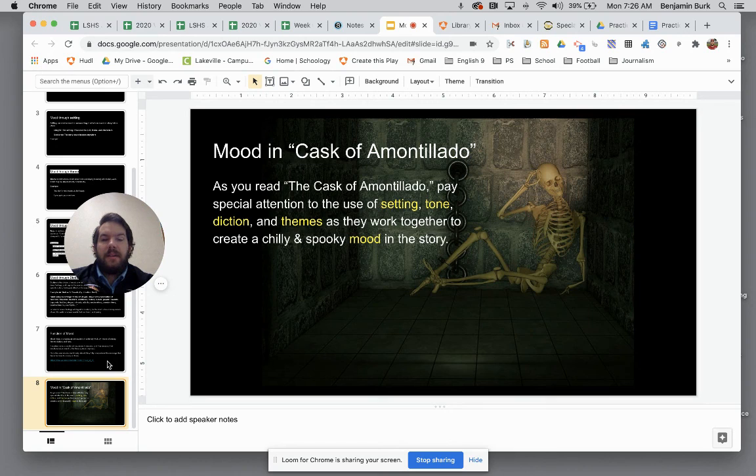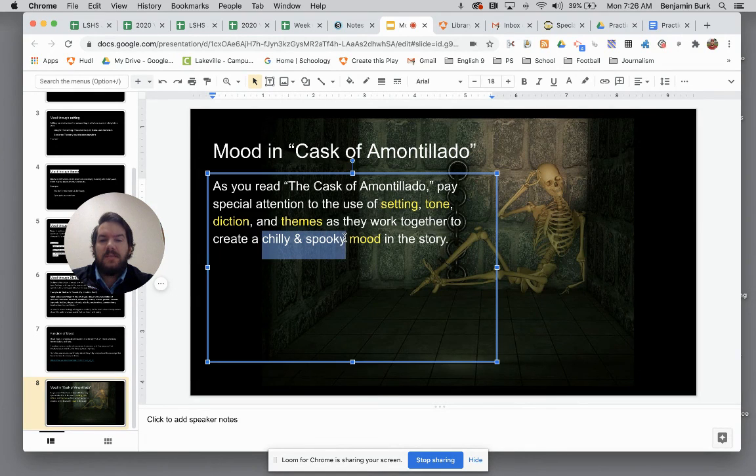So as you read, pay attention to the author's use of the setting, where they are, the tone, the author's or the narrator's voice, the diction, the word choices that are put out there for you, and what the theme of the story is. And the mood that you're supposed to feel in the story is kind of chilly and spooky. So perfect for October as we get into spooky season. So enjoy reading. Thanks for listening.